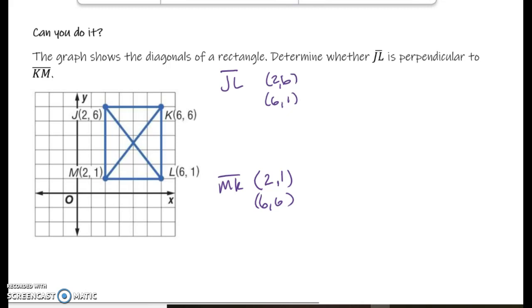Okay, you back? So let's check this. The slope of this one is 6 minus 1 over 2 minus 6. The y's above the x's, the differences. Okay, so I did 6 minus 1, and then I did 2 minus 6.